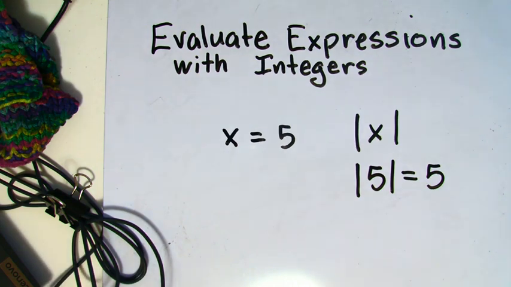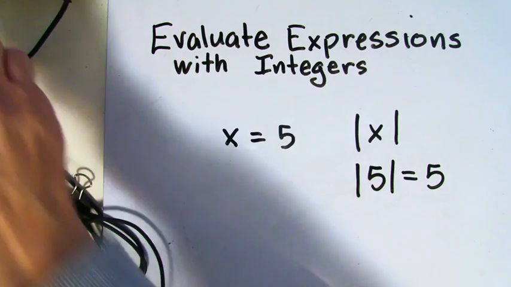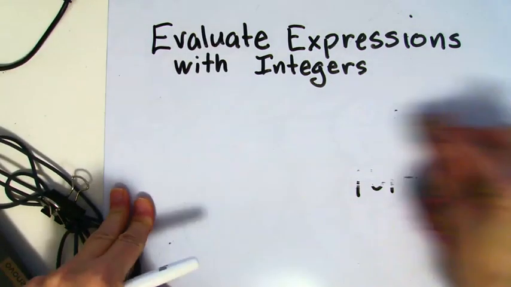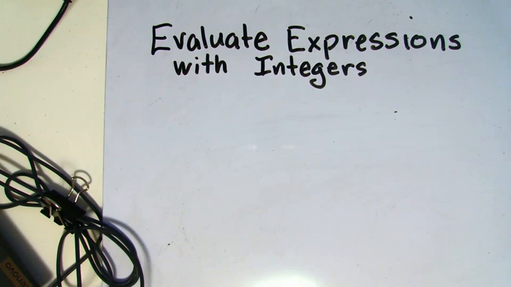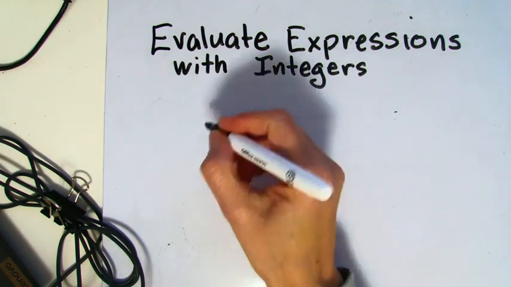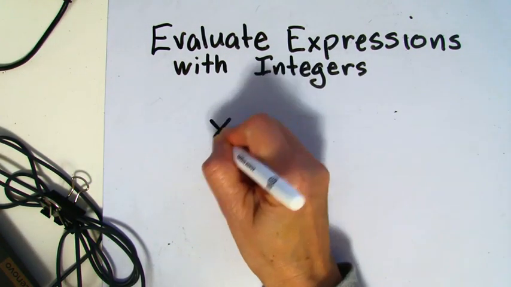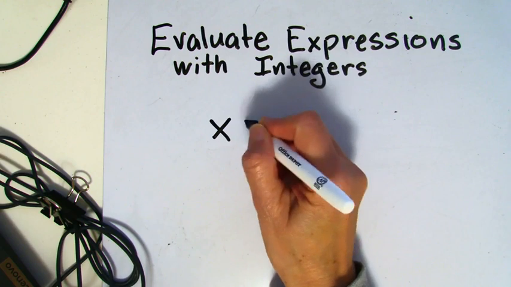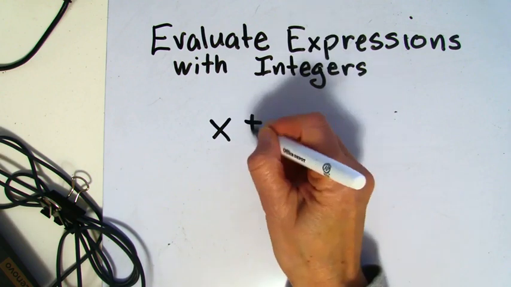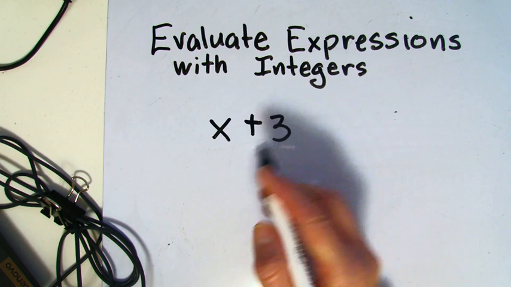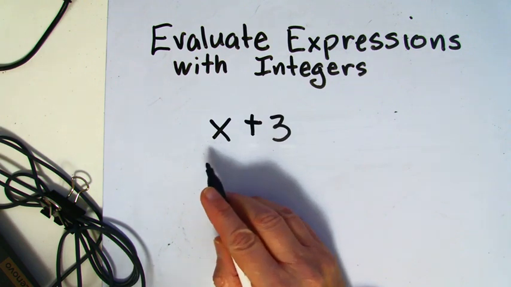We're going to take it a little bit further with this evaluating, and let me give you some examples. So let's say we have x plus 3, and we're going to be given the value of x.